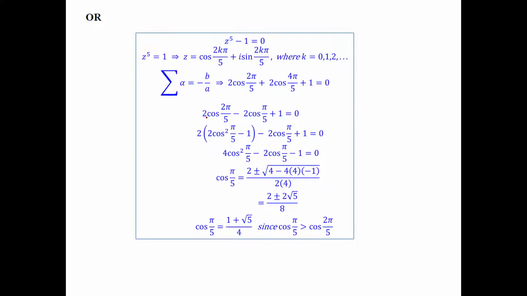Another method is to solve the fifth roots of unity and then find the sum of the roots one at a time, then solve the quadratic equations. Also recognizing that this is cos π/5, use a double angle formula for cos to find cos π/10.